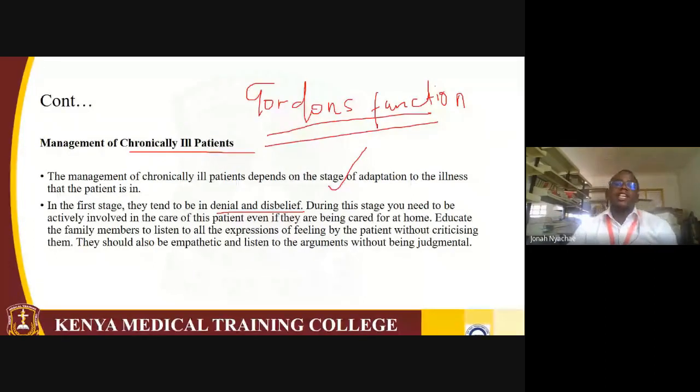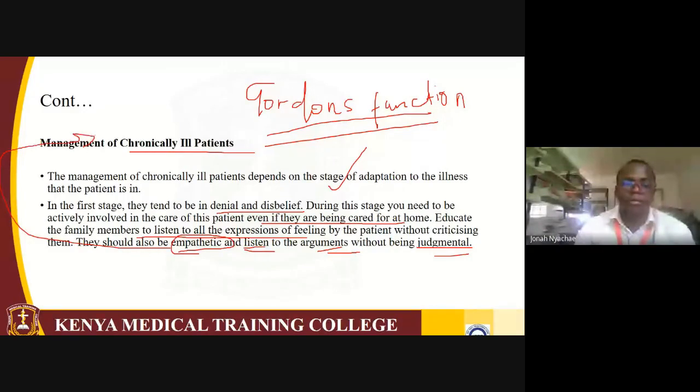During this stage, you need to be actively involved in the care of these patients, even if they are being cared for at home, and educate the family members to listen to all of the expressions of feeling by the patient without criticizing them. They should also be empathetic and listen to the arguments without being judgmental of our chronically ill.